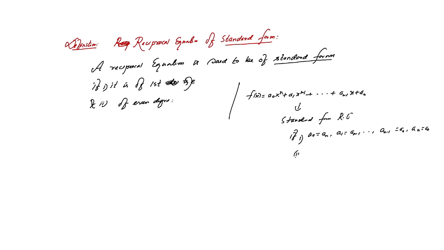The first condition. Second condition, the degree of f(x) equals 2k, where k is a natural number. So that means the degree is even.